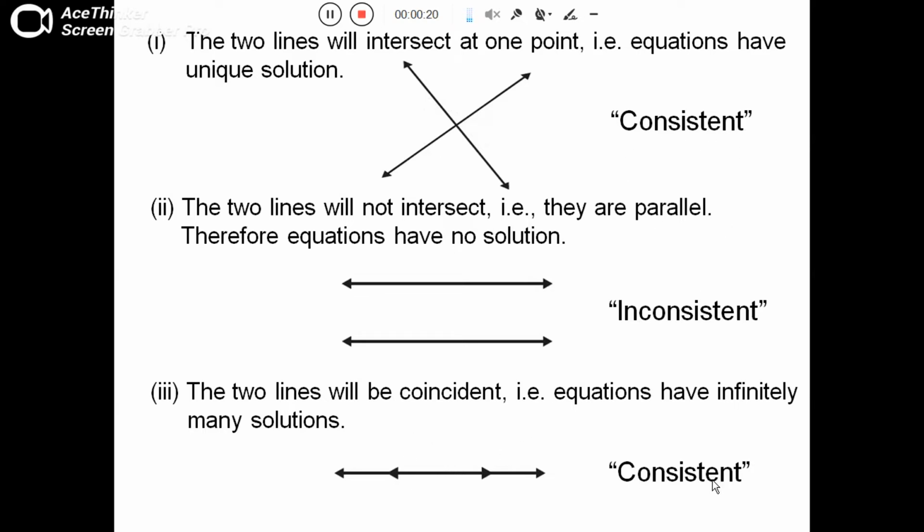Keep it in mind. And if the lines are parallel and do not intersect, the equations are called inconsistent. Keep these conditions in your mind, because they are very useful to solve the sums of 1 mark.